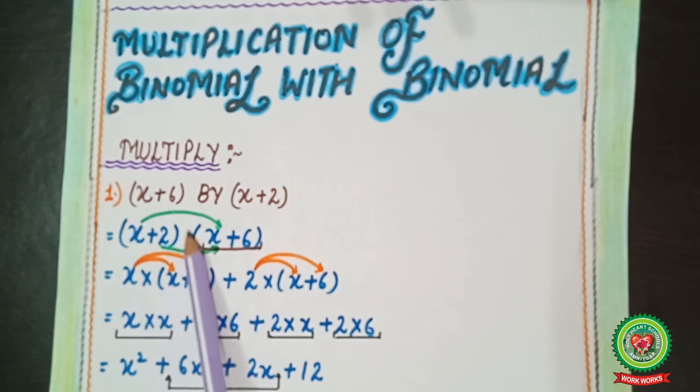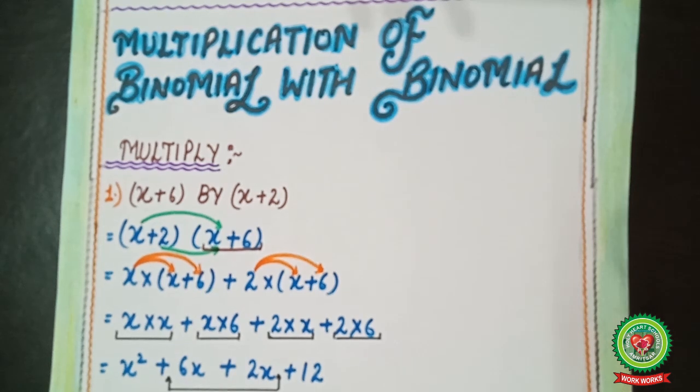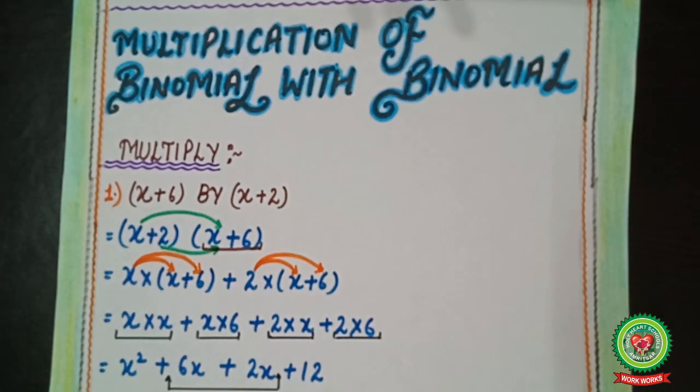Plus 2 will be multiplied with the second bracket, right? So here you will write plus 2 multiplied by x plus 6. Clear? So that means the first term of this expression will be multiplied with the second bracket, and the second term along with the sign will be multiplied with the second bracket, right?